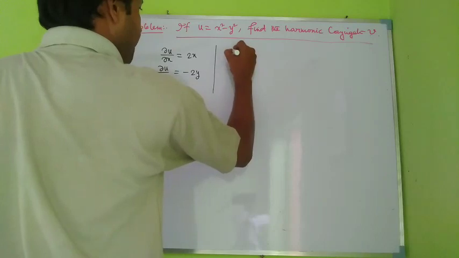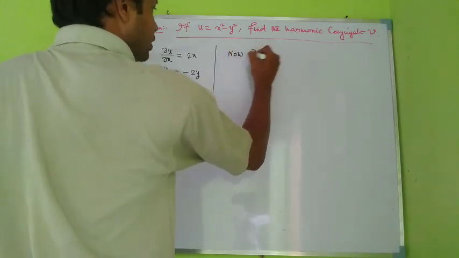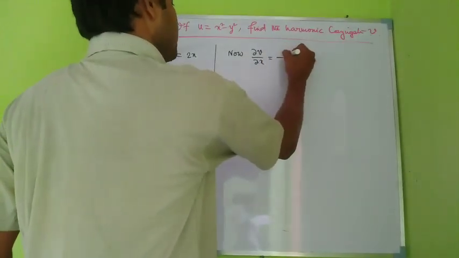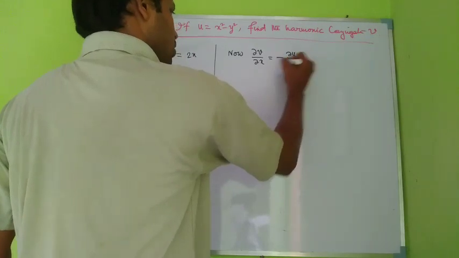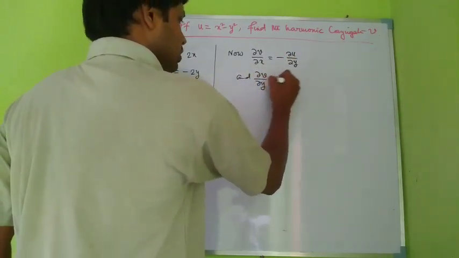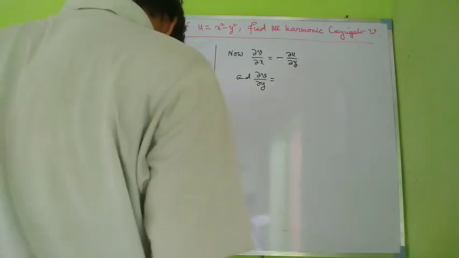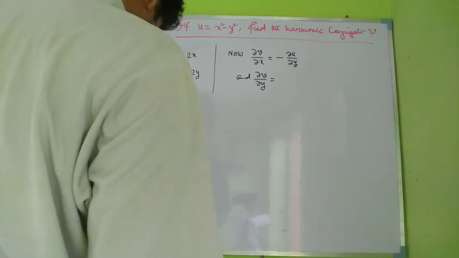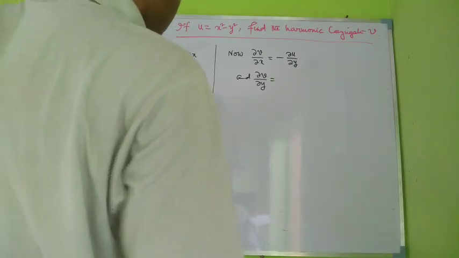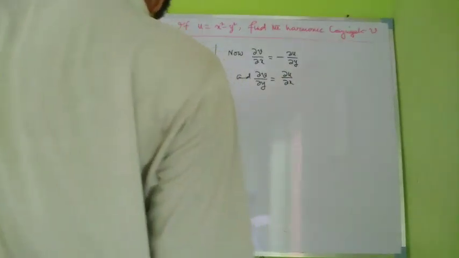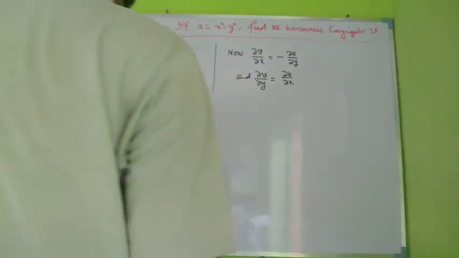Now, since v is the harmonic conjugate, del v del x is equal to minus del u del y, and del v del y is equal to del u del x. That is, del u del x is equal to del v del y, and del u del y is equal to minus del v del x.